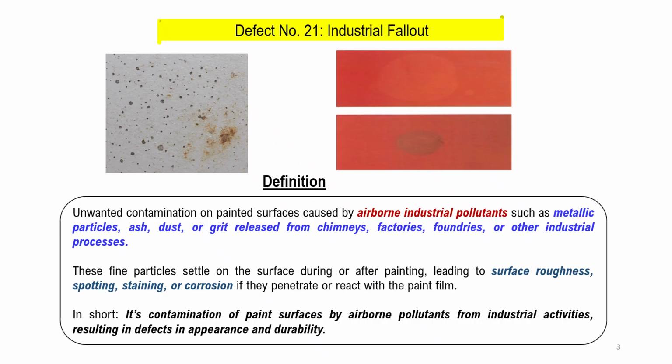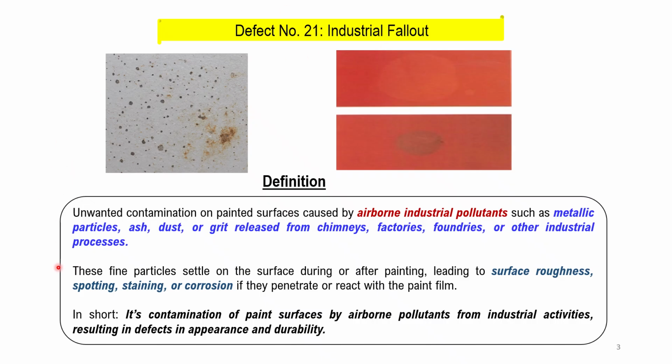Industrial fallout, as the title indicates, is unwanted contamination on the painted surfaces caused by airborne industrial pollutants, such as metallic particles, ash, dust, or grit released from the chimneys, factories, foundries, or other industrial processes.